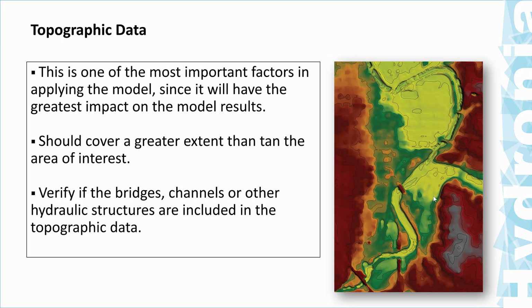So you need to verify bridges, channels, and any other hydraulic structure that would be included in the topographic data. But it is the topographic data, I would suggest, that is the most important piece of data that you will require to use and apply hydrobid flood.